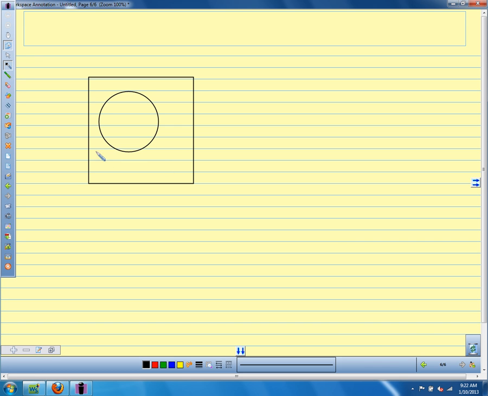And let's say the problem asks us to find this area that's inside the square but outside the circle. How would we find the area inside the square but outside the circle?